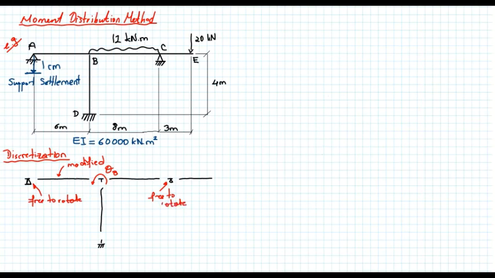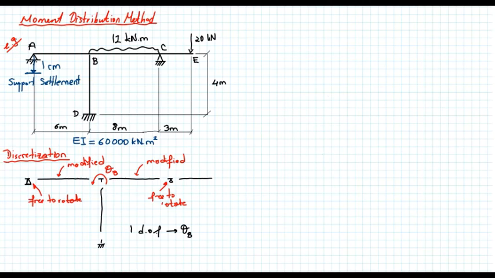So I can also use modified equations for member BC. So basically, after the discretization, I can say that I got only 1 degree of freedom, which is rotation at B. So I will do moment distribution only at point B.